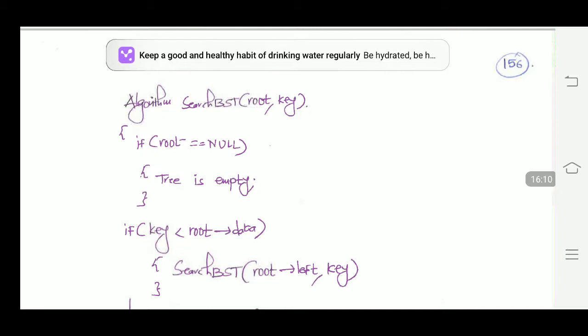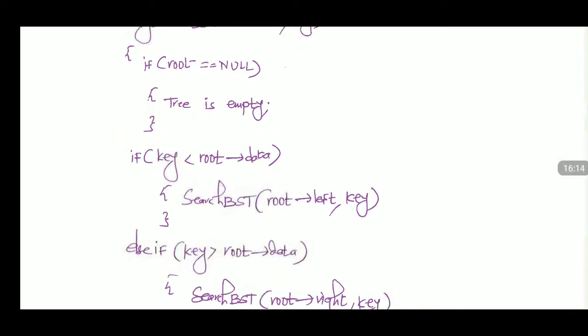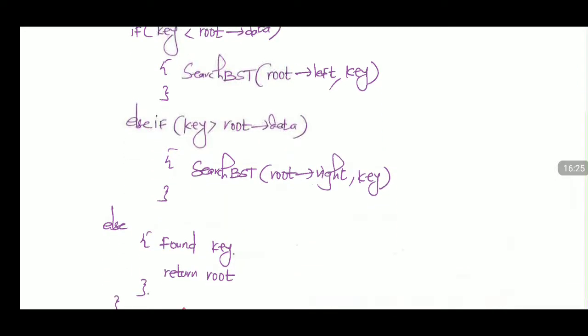If it is not, then we check whether the key is less than the root data. If the key is less than the root data, then we go to the left part. Otherwise, we go to the right part of the tree.